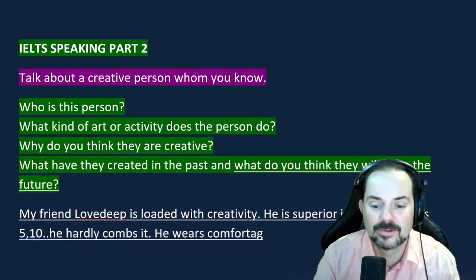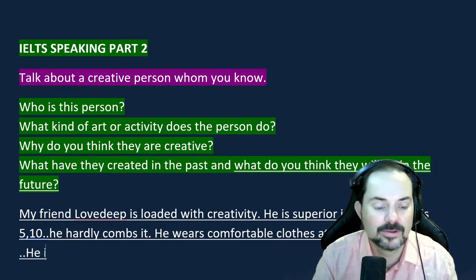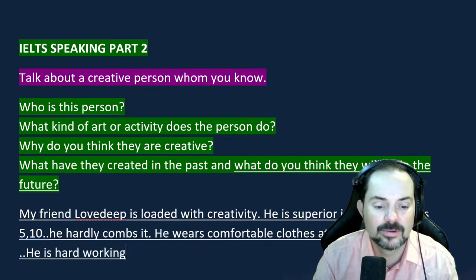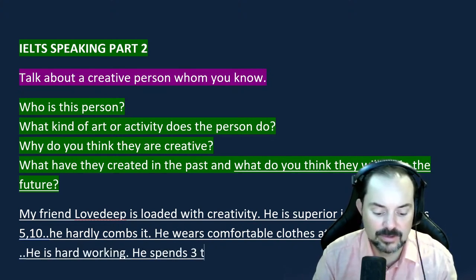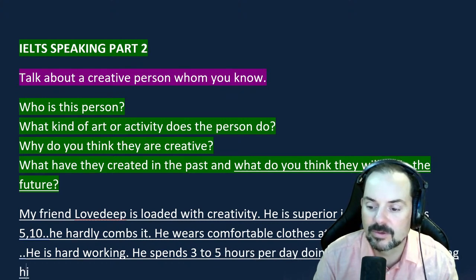He just turned 25 this year. He is very hardworking and creative as well, because he spends around 3 to 4 hours a day doing his painting work and drawing work, usually at home. He has completed his master's degree in a well-renowned university from India, and that's why he's perfect at drawing.